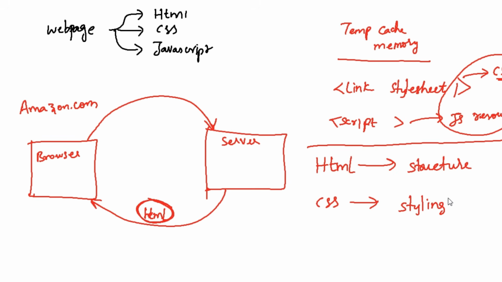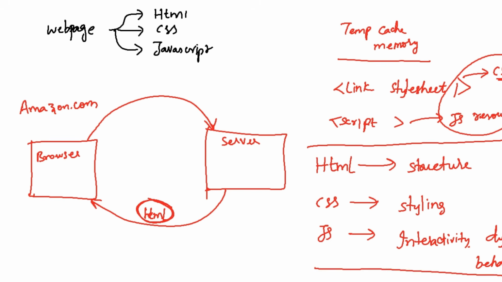Now JavaScript will be used for providing interactivity or dynamic behavior to the web page. So in this way, HTML, CSS and JS will be downloaded, and they will provide the structure, styling, and dynamic behavior to the web page.